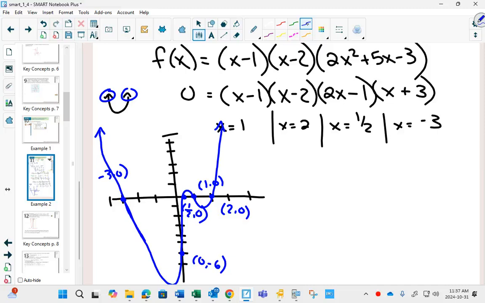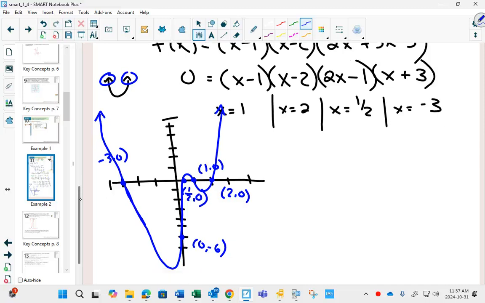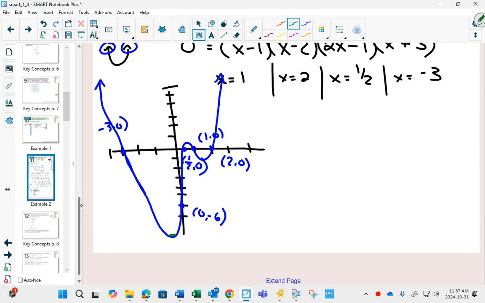And then we have a pretty accurate graph. What we don't know is how low this actually went, how high this went. It could have gone up really high. It's possible. But you want to make sure that you're drawing a smooth curve.